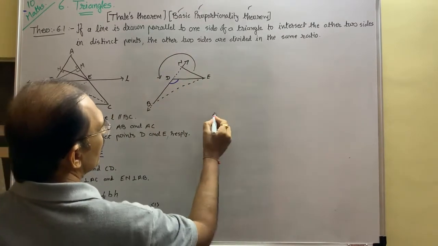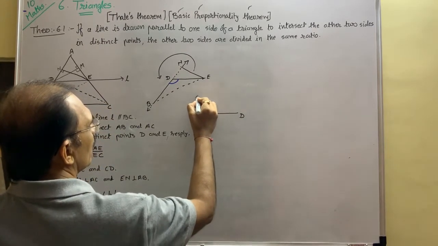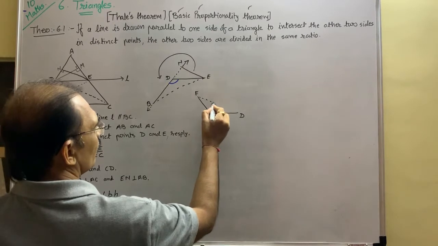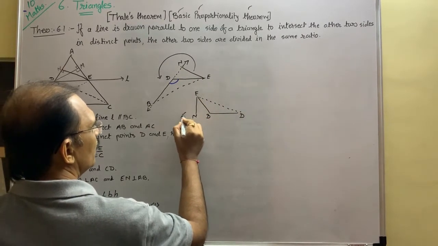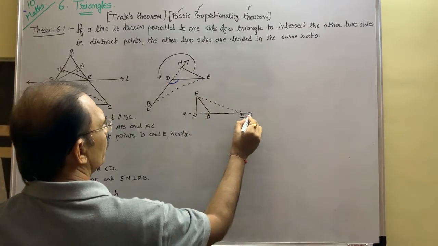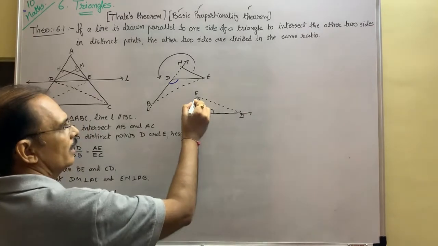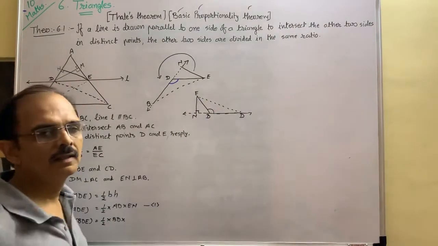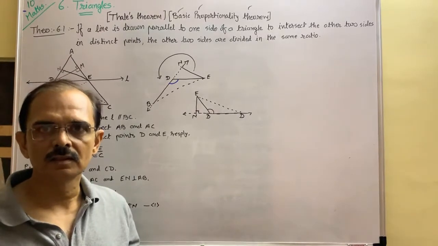So BD will be the base, D, B, and E. I take EN perpendicular to BD. You have learned that if this angle is an obtuse angle, then the altitude is outside the angle. Right? You have learned it in the previous standard.